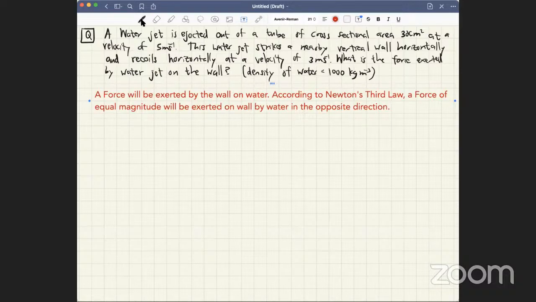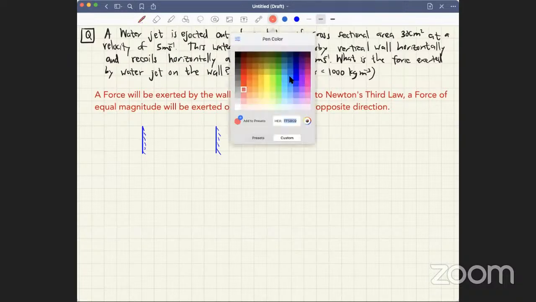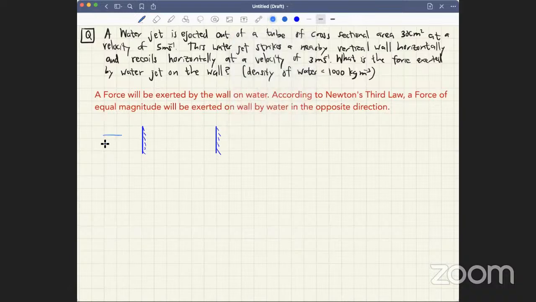Okay, right. Then let's start. First and foremost, before it recoils, water approaches the wall at a velocity of 5 meters per second. Water is approaching the wall like this through the tap, and that velocity is 5 meters per second.